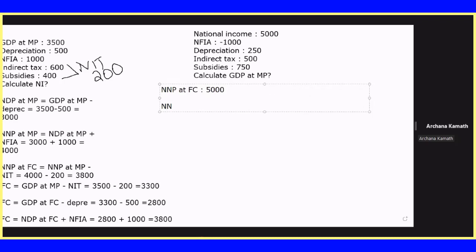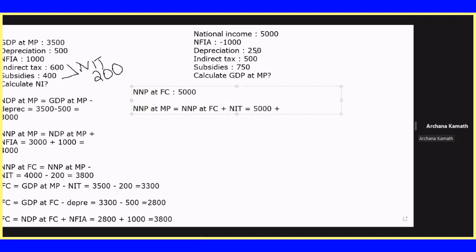So I'll go to NNP at market price from factor cost. To NNP at factor cost, you have to add net indirect tax to get NNP at market price. So here 5,000 plus, one thing you should be very careful about in this question is that indirect tax is lesser when compared to subsidy.